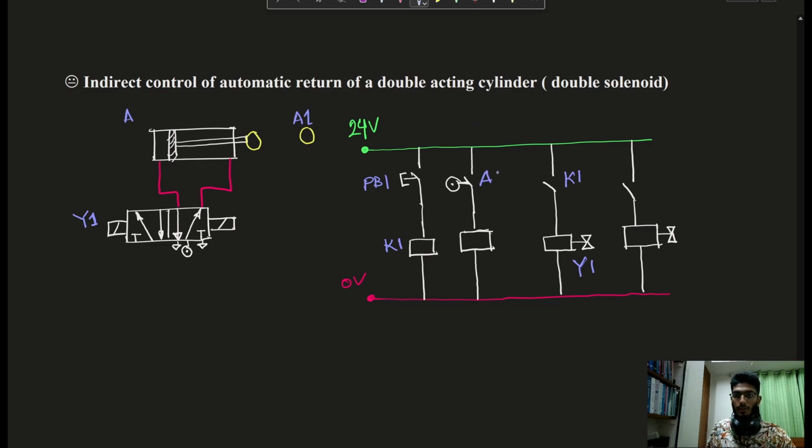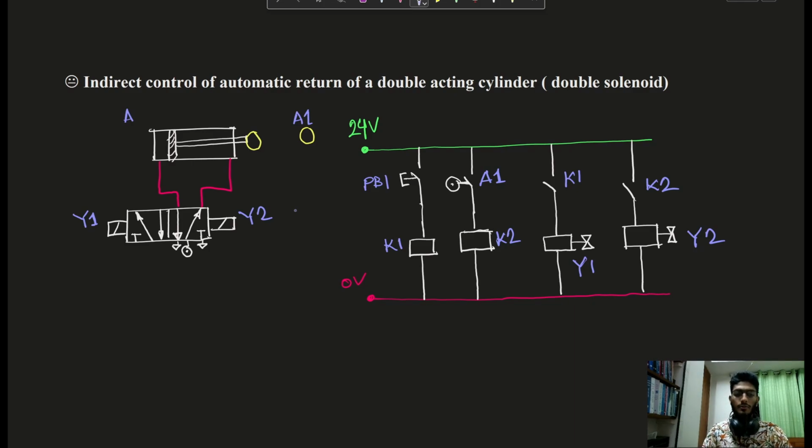It will sense A1, and this relay K2 will get energized and activated. Because of that, this limit switch will sense K2 and this solenoid Y2 will be energized, and I will link this solenoid to the right side of this DCV. So this is the overall solution.